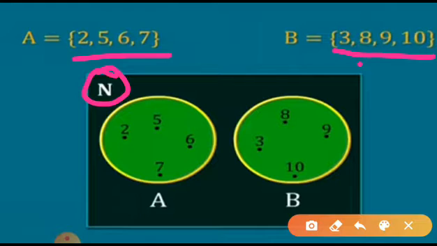Now since the set A contains 2, 5, 6, 7, they are represented in the set A, and the elements of set B are represented in the set B itself.